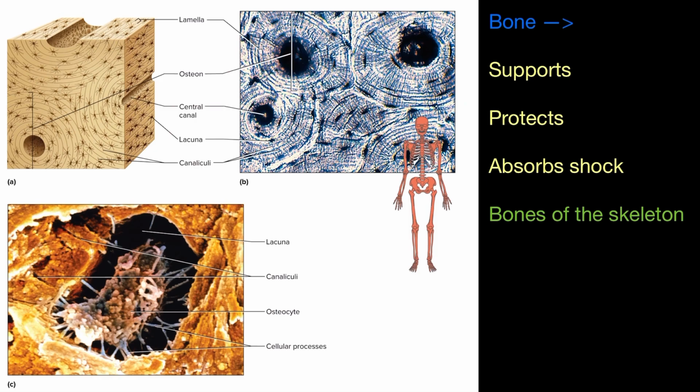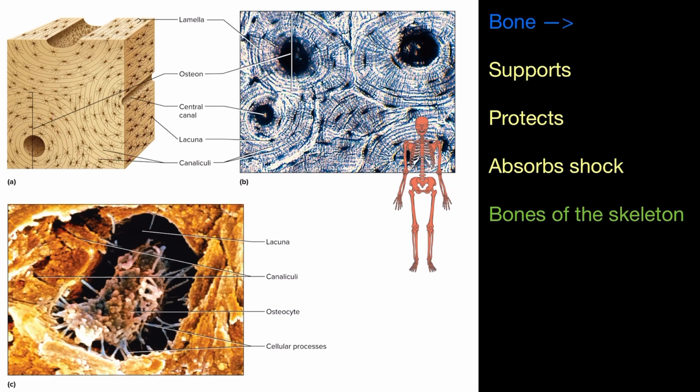Similar to cartilage, the cells are within these little spaces called lacunae. But in this case, instead of chondrocytes, cartilage cells, you're going to have osteocytes within the lacunae.